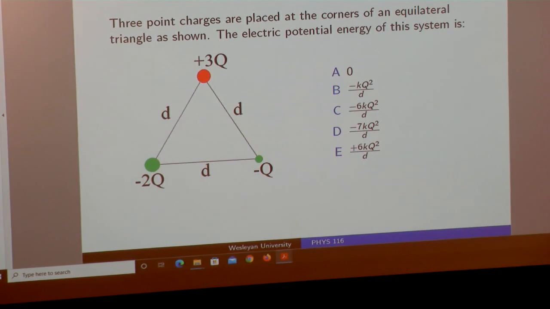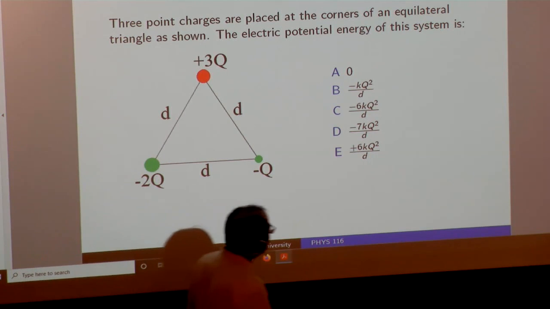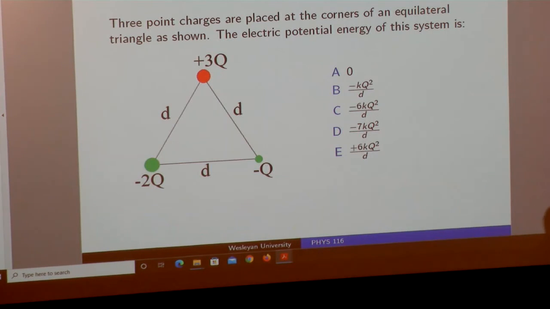The hint is I've told you how to handle pairs, so just treat them as a bunch of pairs. All right, pretty unanimous for D. D is correct. Anyone want to justify it? Let's go, Max.